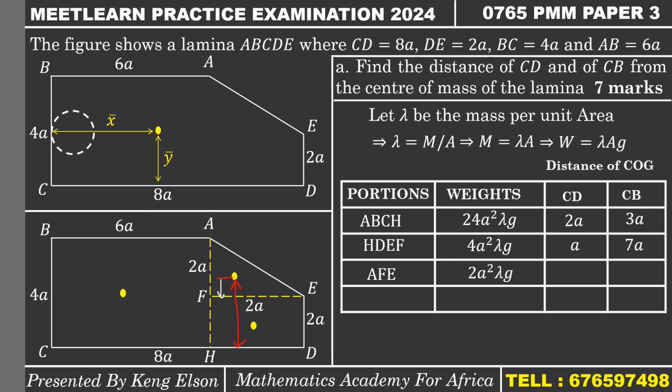Now this little distance is the distance from the center of mass of the triangle to the base, and that distance is 1/3 of the height by definition. The height is 2a, so that little distance will be 2a divided by 3.